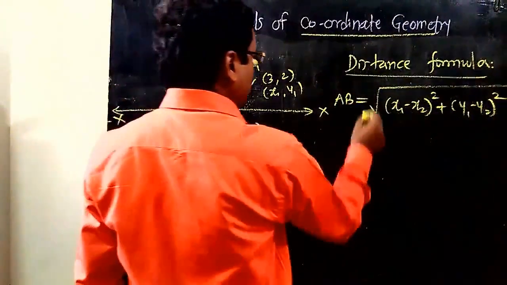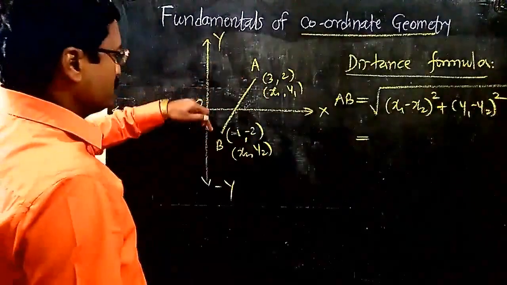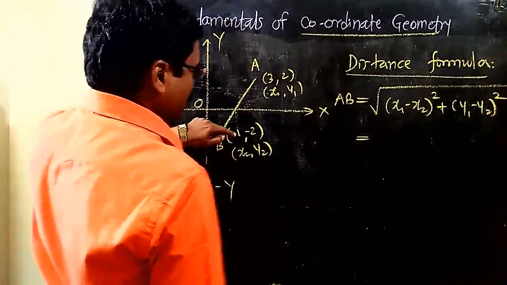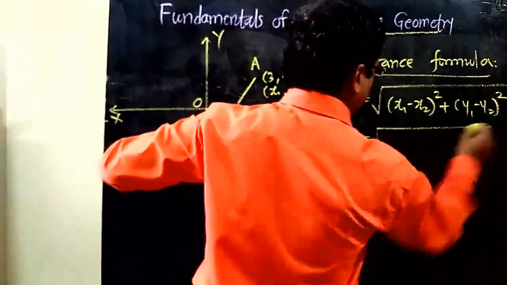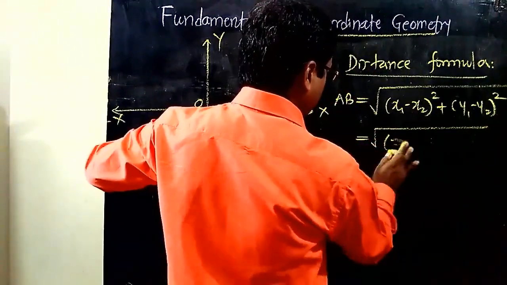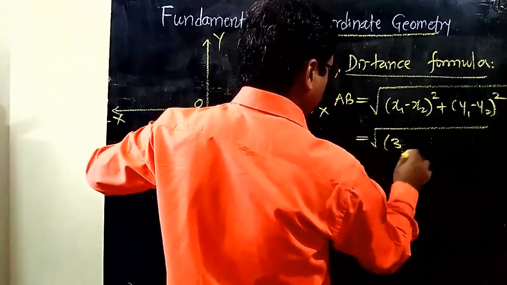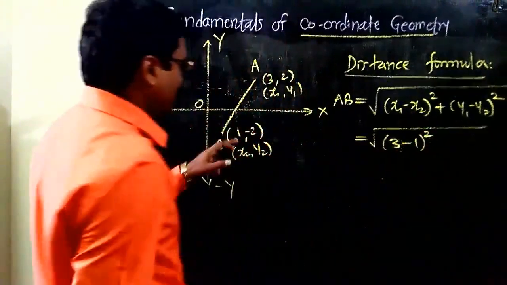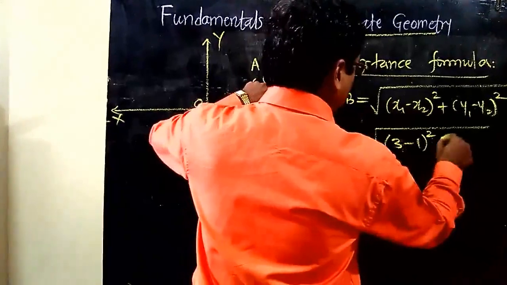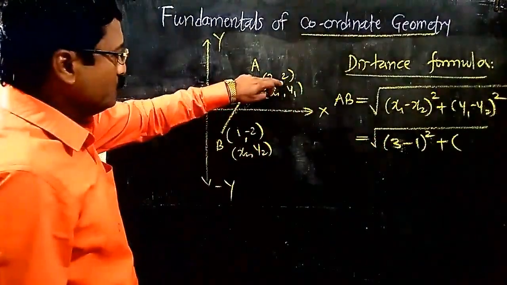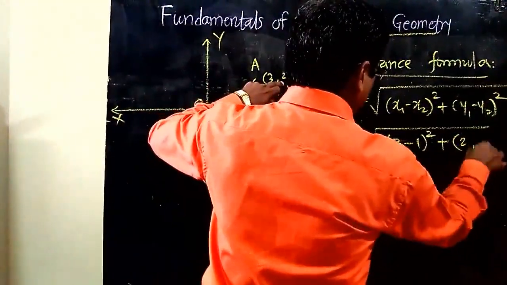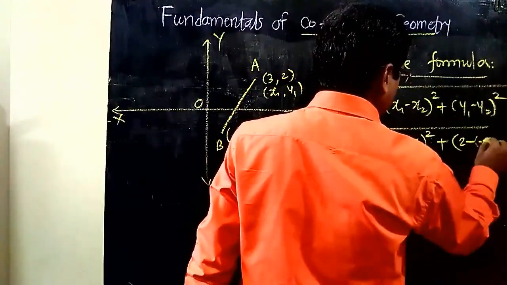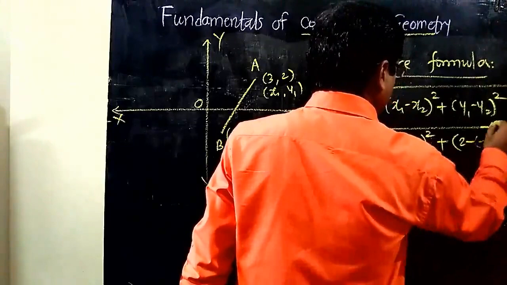So using this distance formula, we can find the distance between points A and B as 3 minus (-1). x1 is 3 and x2 is -1. So we get (3 minus (-1)) squared plus, y1 is 2 and y2 is -2, so 2 minus of minus 2, squared.